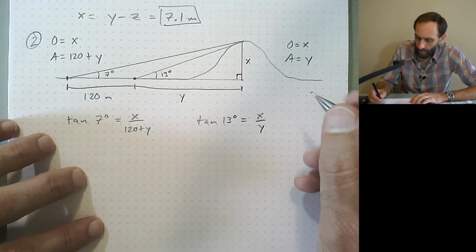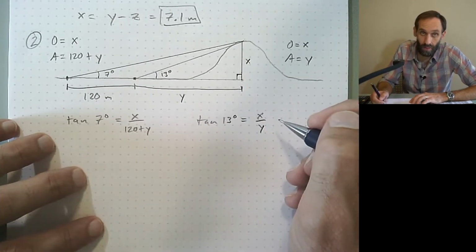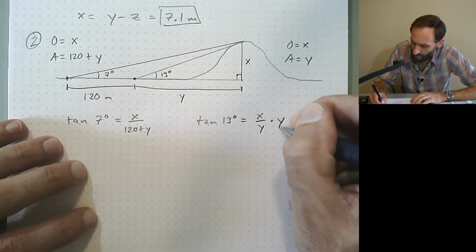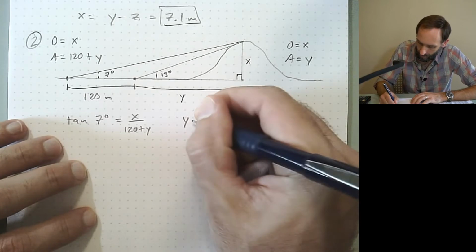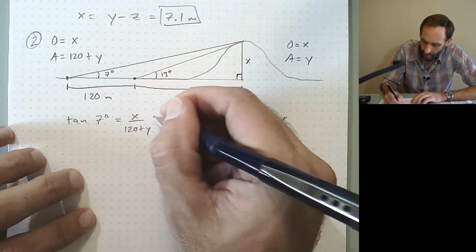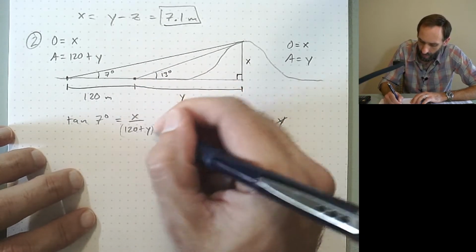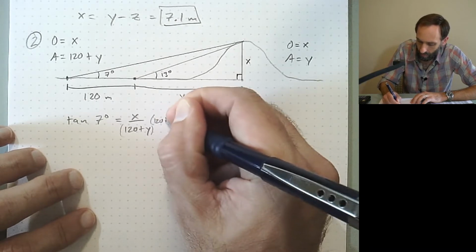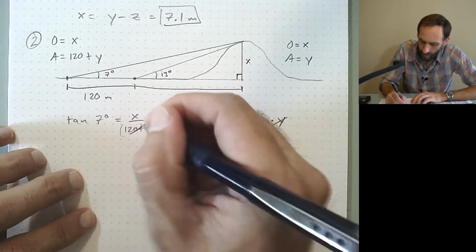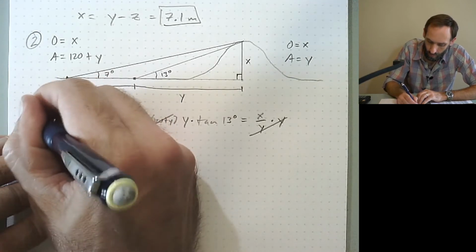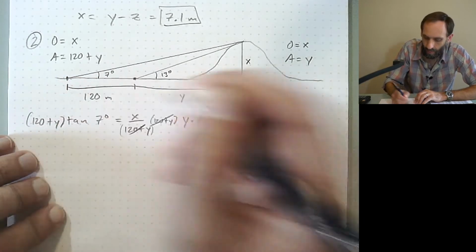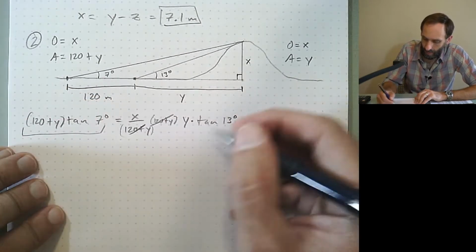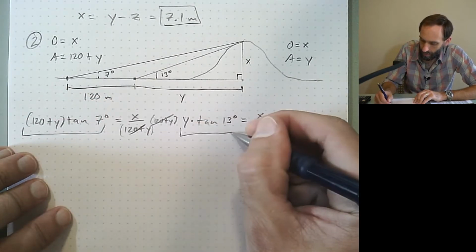So if I can get these two x's by themselves, I can set the two equations equal to each other. So let's multiply both sides by y here. And here I'm going to multiply both sides by 120 plus y. So those cancel out and I get 120 plus y. So now this is equal to x and this is equal to x.